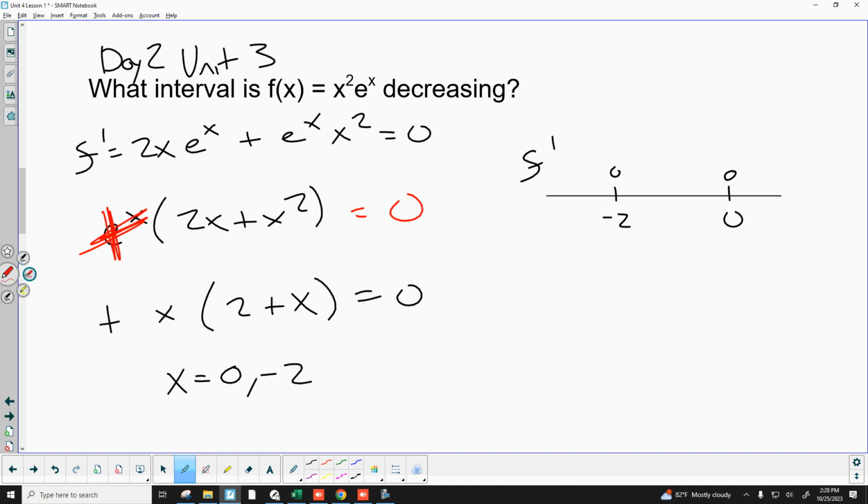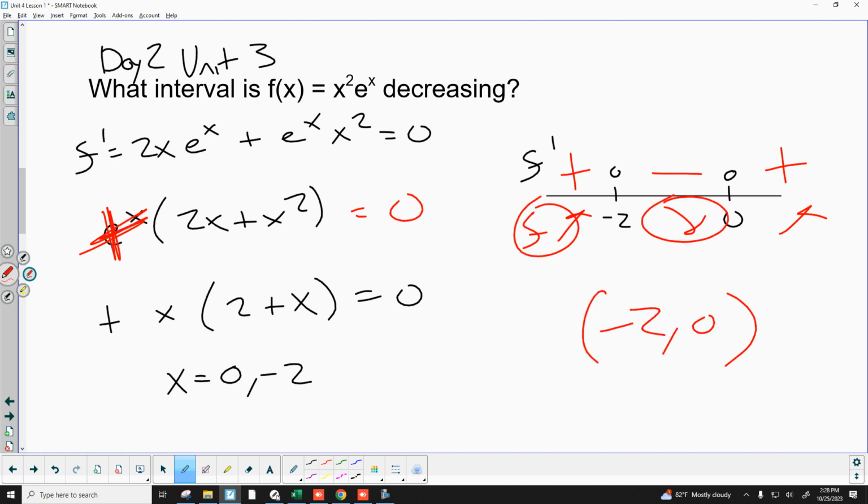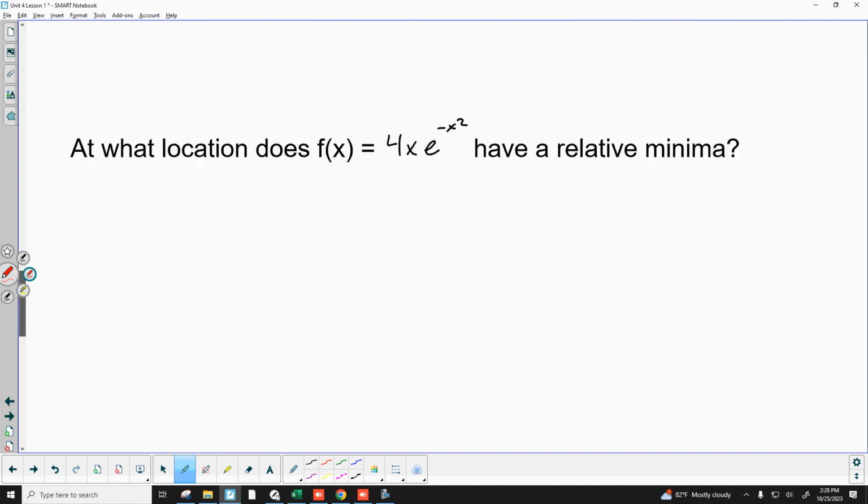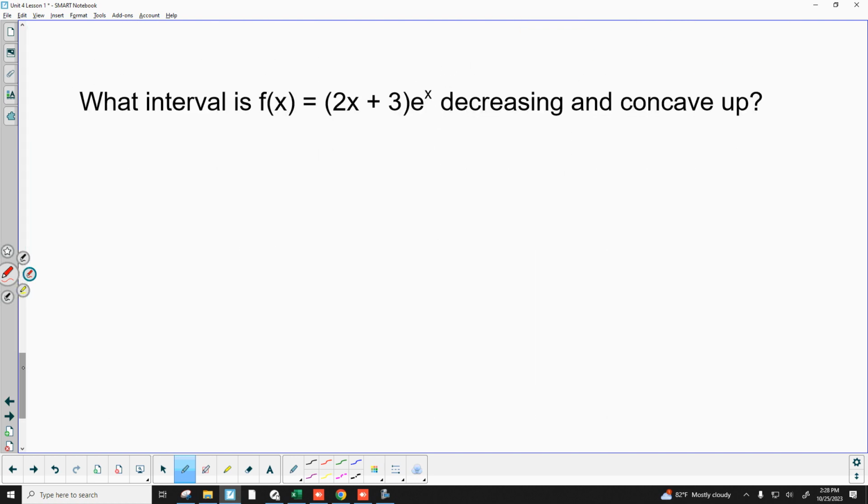Now you check your sign, and you see f is increasing, then decreasing, then increasing. F is decreasing between negative 2 and 0. Cool. Let's skip the next one, though it's a good one to do. You'll see it on your homework, and go to this one.